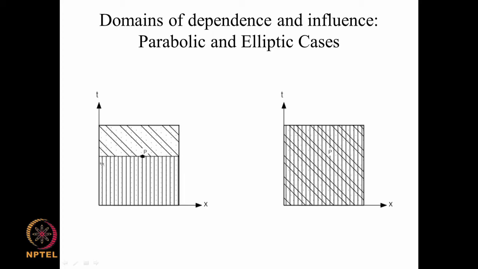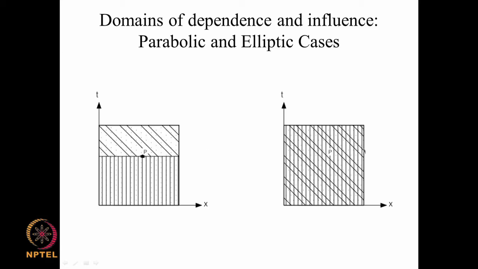So P is influenced by boundary values over this part of the time boundary, this part of the space boundary, and this part of the boundary condition here. So it is influenced by these boundary conditions, and it in turn influences all the points above it.